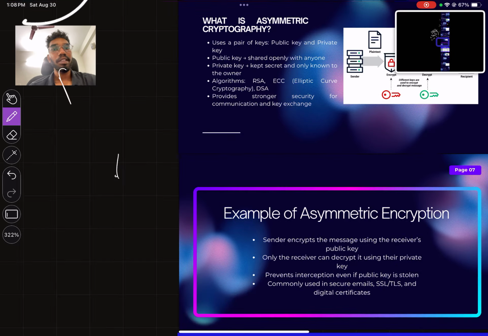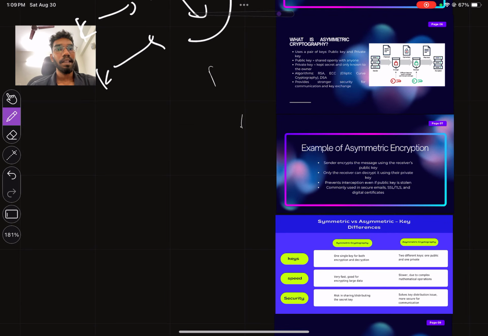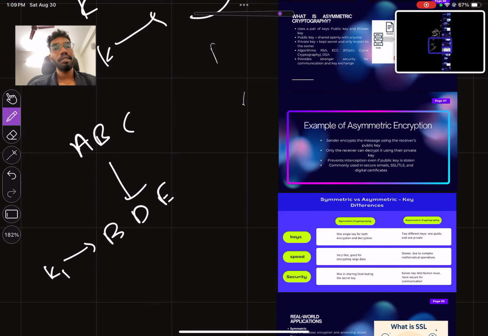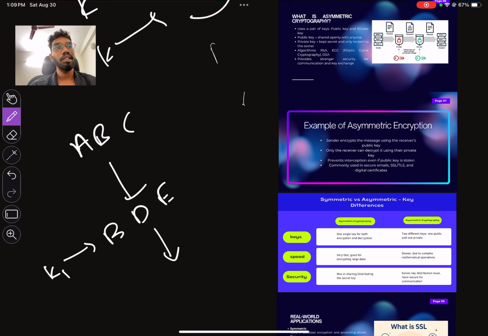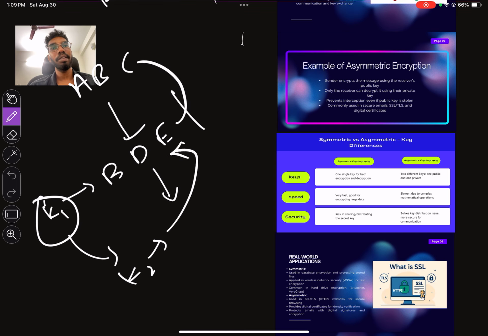So let's take for example A, B, C, the same thing, and the owner uses key 1, which is the private key, to encrypt it as B, D, E. Now when it is sent to the receiver, they receive the public key. They don't receive the actual key; they receive a public key, let's name it key 2, which they use to decrypt this and get back the original.